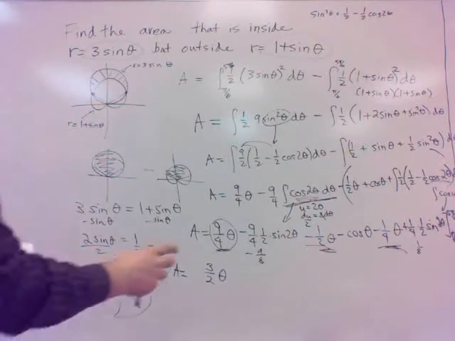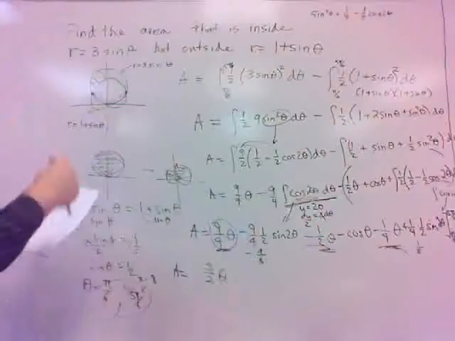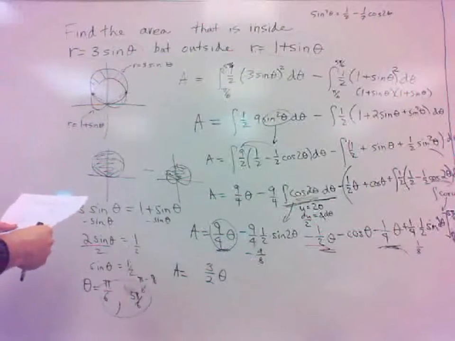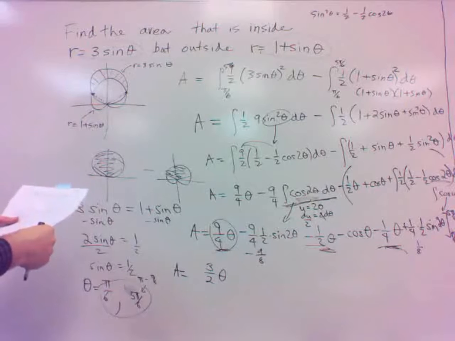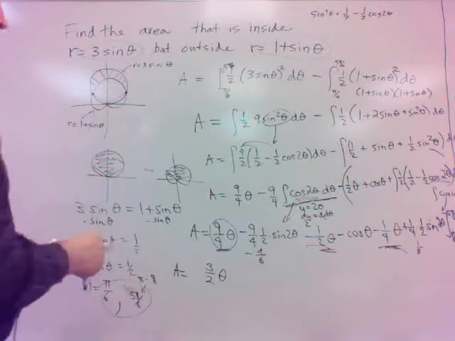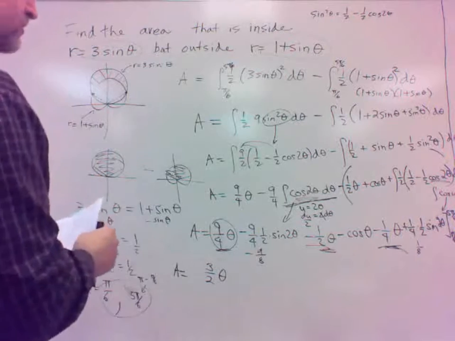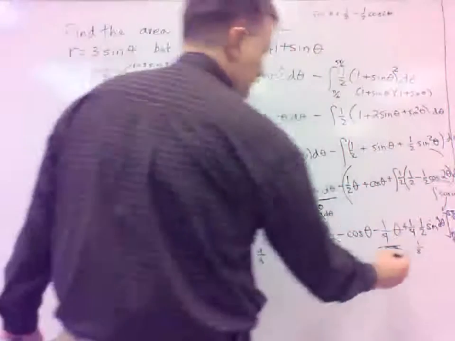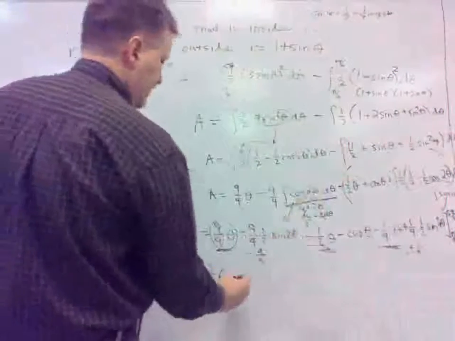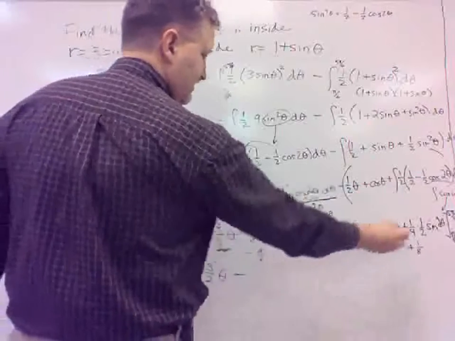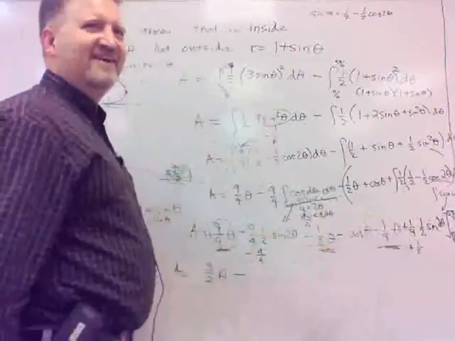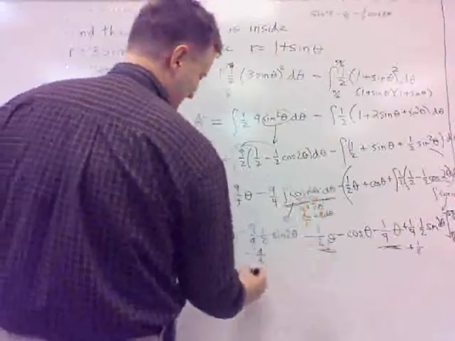I'm thinking this should just be minus sine of 2 theta. Oh, there you go. It was right all along. Okay. There we go. Negative 9/8 plus 1. It's negative 8/8. I was right all along. Which is negative 1.